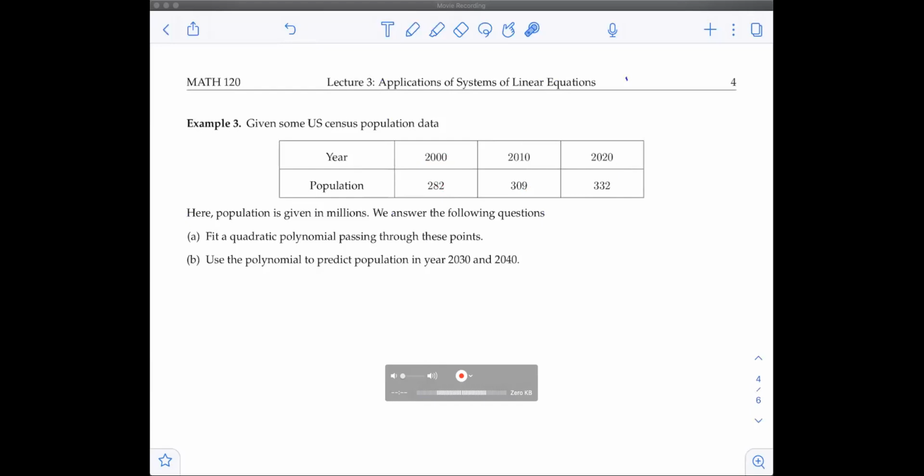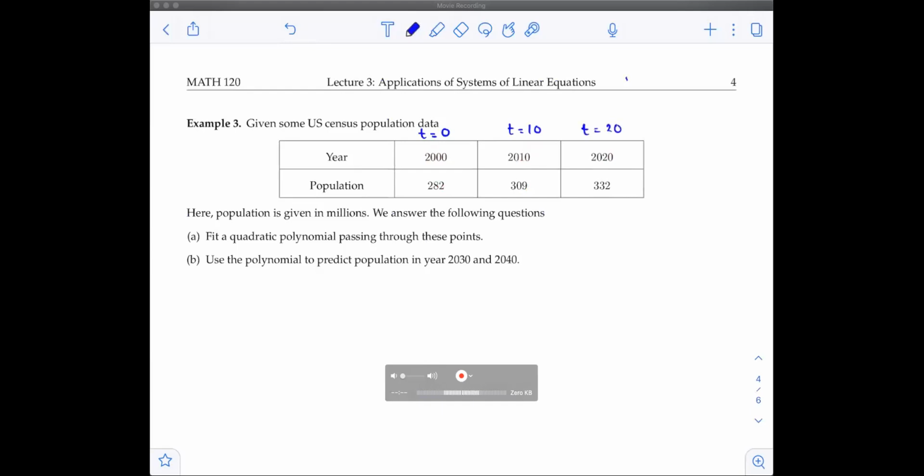Before forming the system of linear equations, instead of using the years 2000, 2010, 2020, I'm going to simplify my calculations a little bit by letting the year 2000 be t equal to 0, the year 2010 be t equal to 10, and 2020 be t equal to 20.